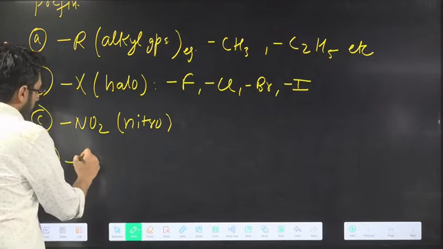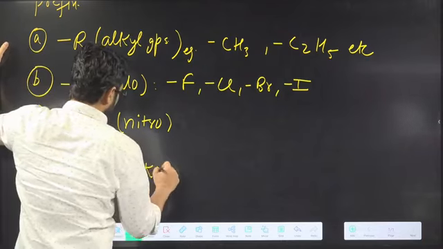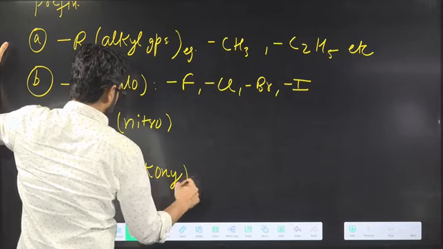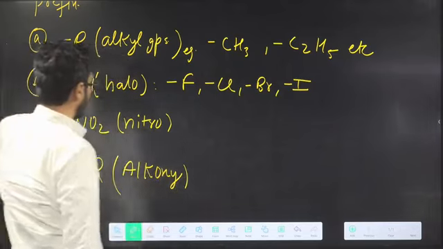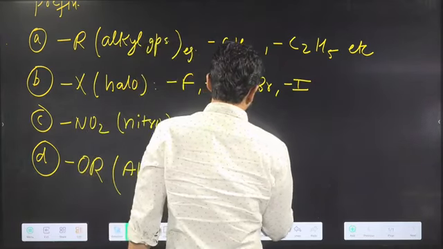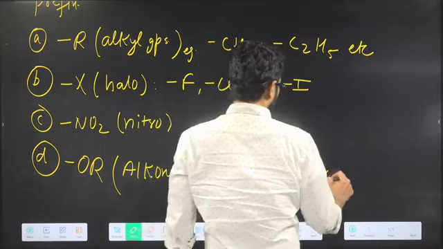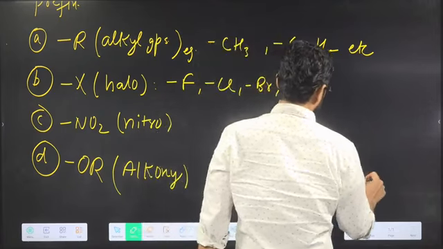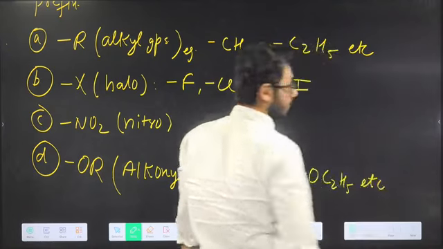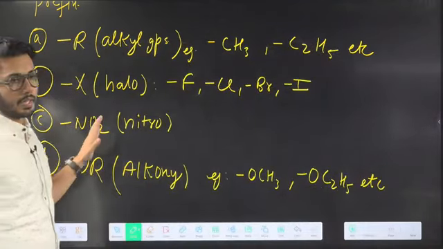Fourth one is alkoxy group, which means OCH3, or it can be OC2H5, etc. These are mainly used in the examples.